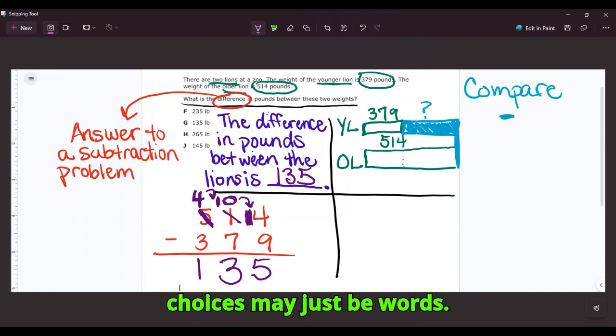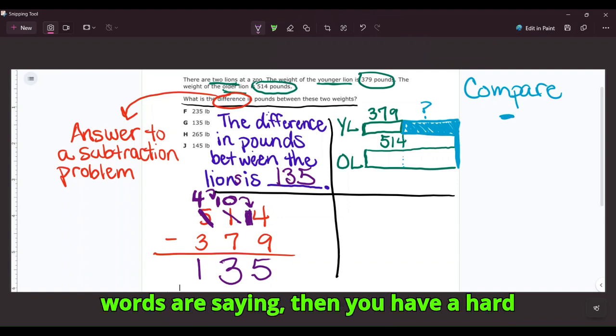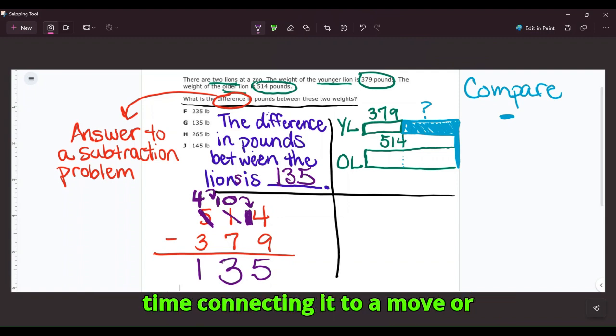Sometimes your answer choices may just be words. And if you can't interpret what those words are saying, then you have a hard time connecting it to a move or mathematical process. So I am going to write what I did.